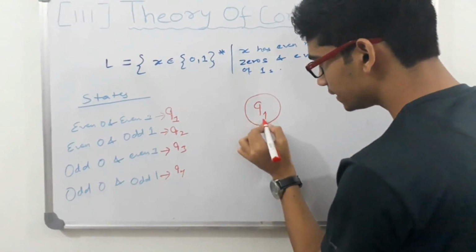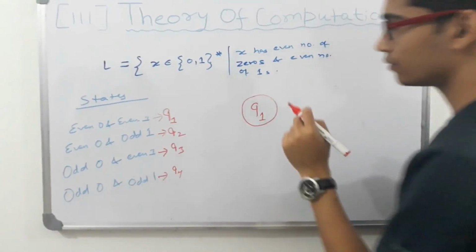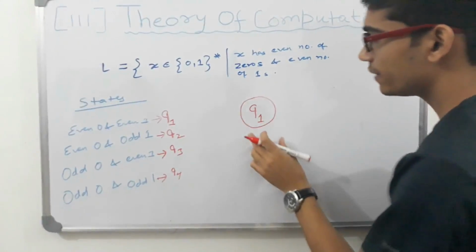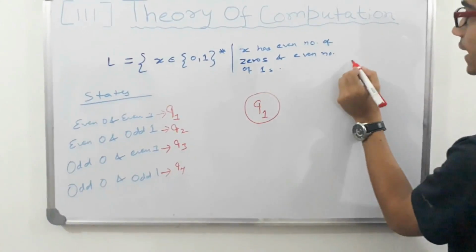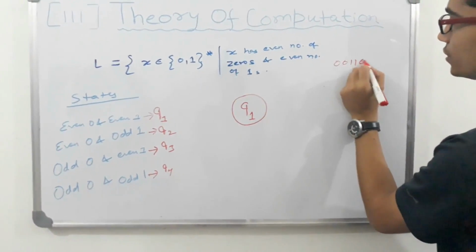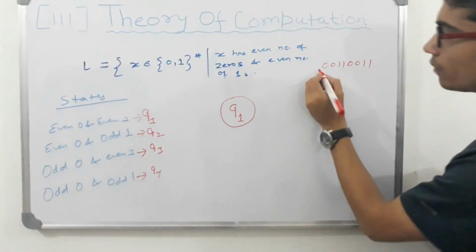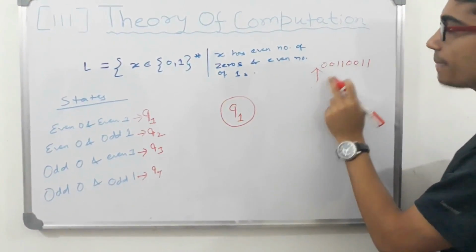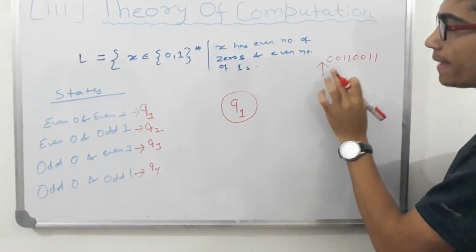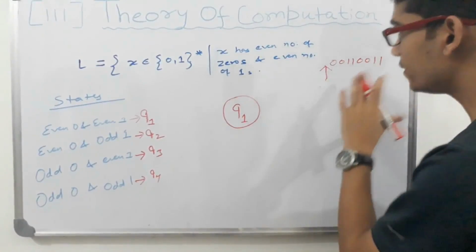This state tells you that you have even 0 and even 1. Suppose we have a string like 0 0 1 1 0 0 1 1. We start from just empty. We have seen no string, that is, we haven't seen any 0 or any 1.